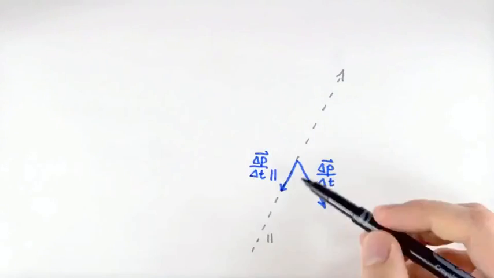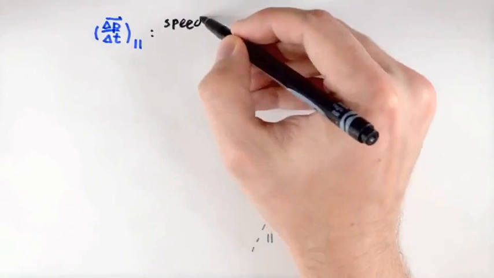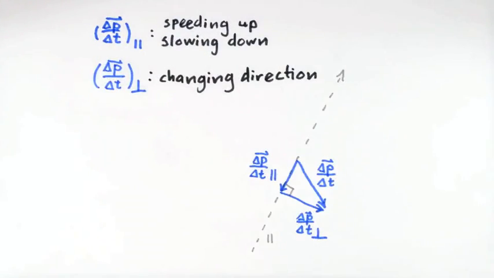We can decompose delta p over delta t into parallel and perpendicular parts, just like we did for delta p and delta v. The parallel and perpendicular components of delta p over delta t have the same sort of meaning as those of delta p. Namely, the parallel part of delta p over delta t is associated with the object speeding up or slowing down, while the perpendicular part is associated with the object changing direction.